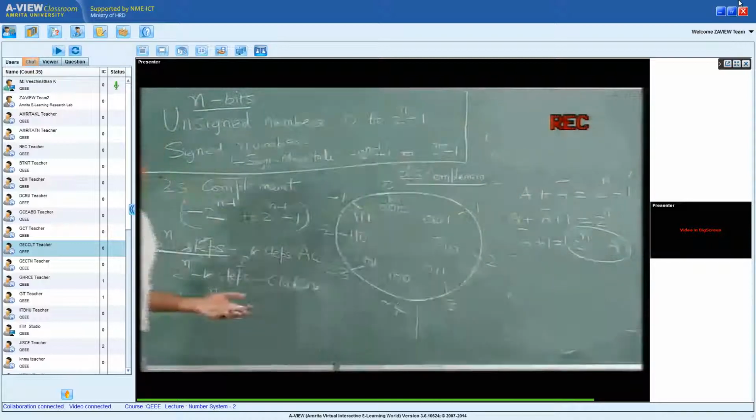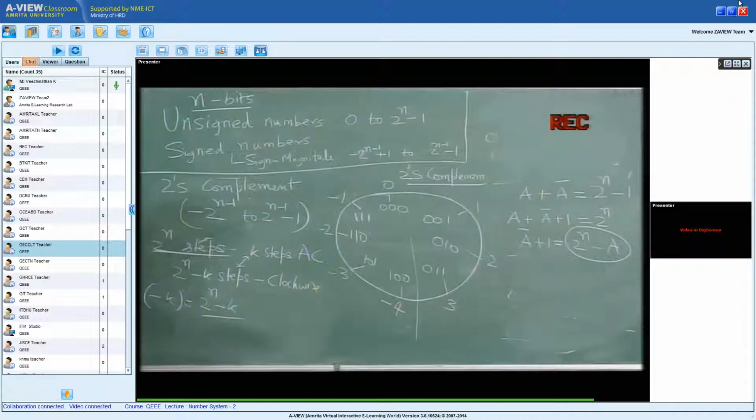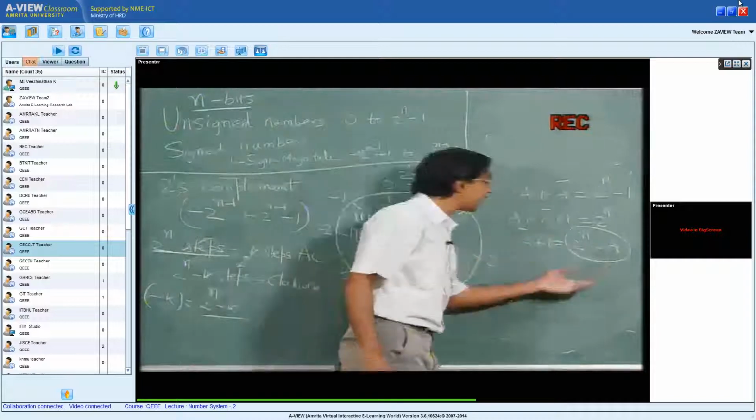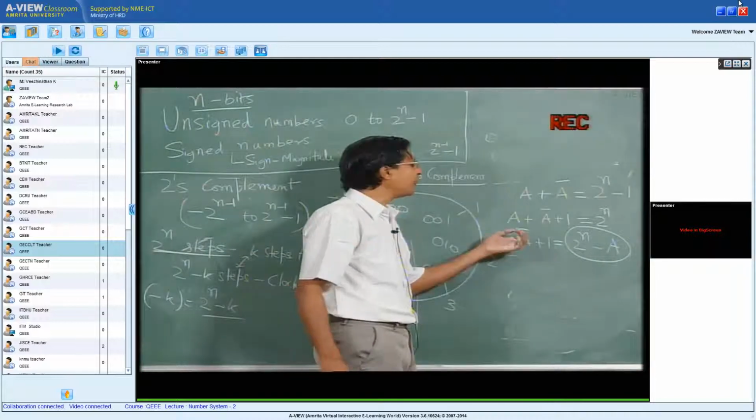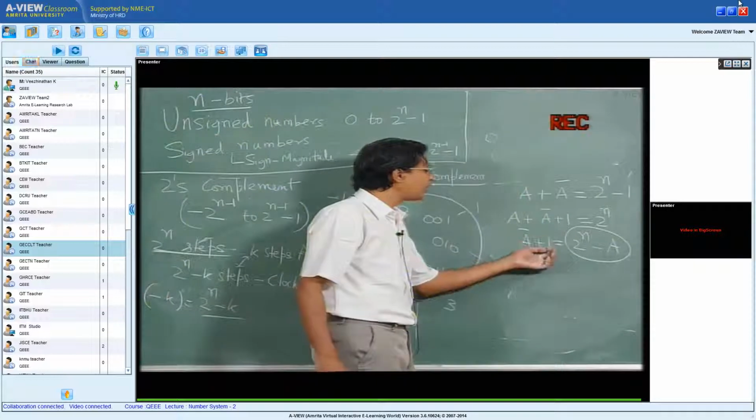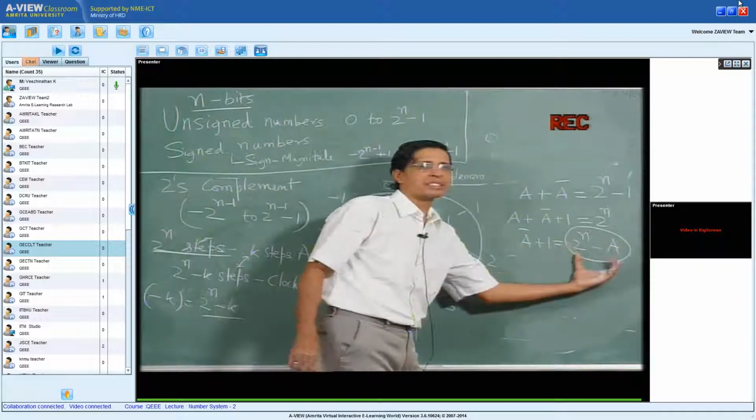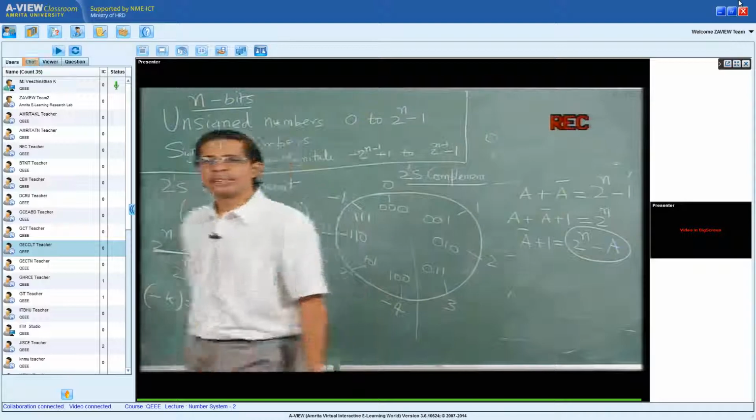I want minus A to be represented as 2 power n minus A, and what is 2 power n minus A? It is nothing but A complement plus 1. So if I complement every bit and add 1 to it, I get the desired representation for minus A.